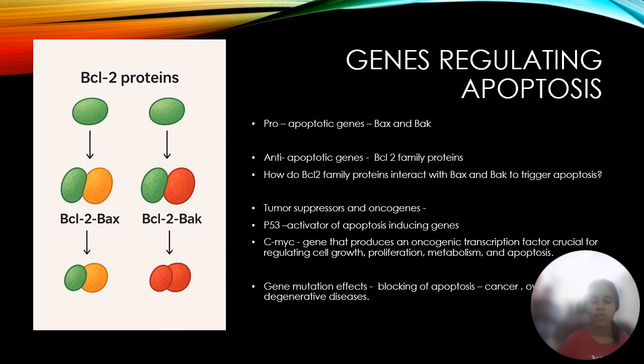An example is BAX and BAK. They trigger mitochondrial permeabilization and help in the release of cytochrome C. They activate the caspase cascade, and that results in cell death.